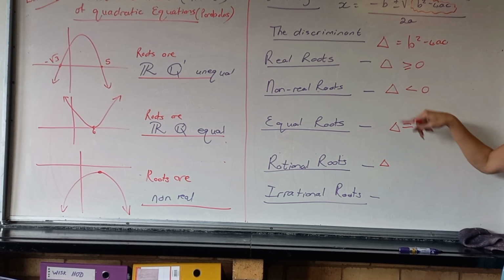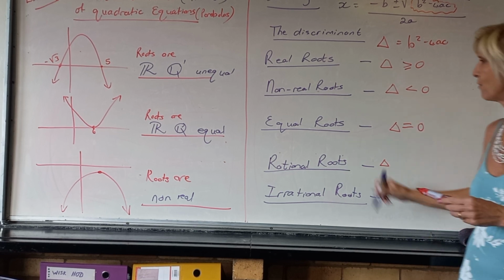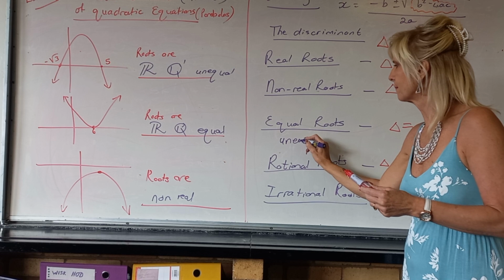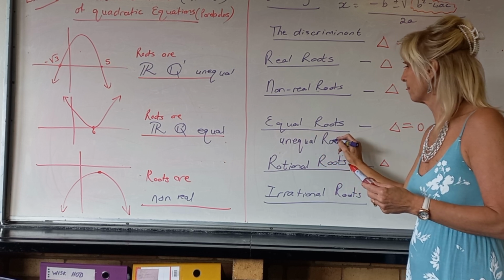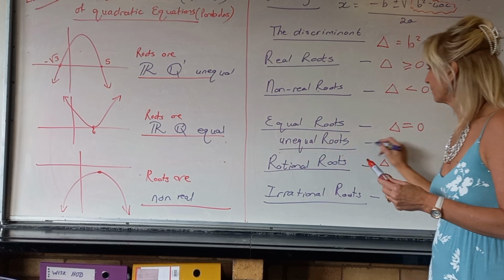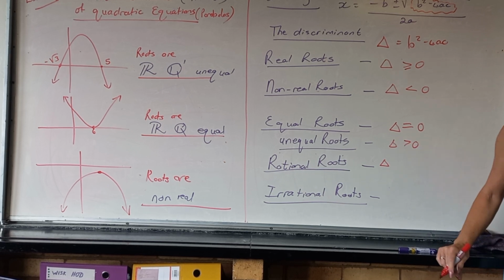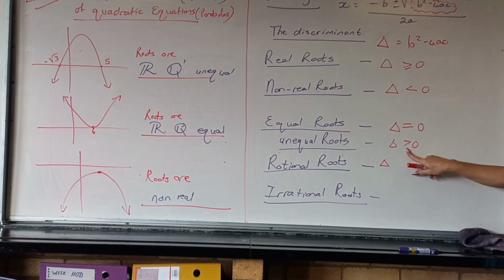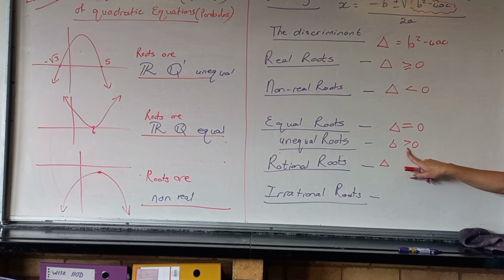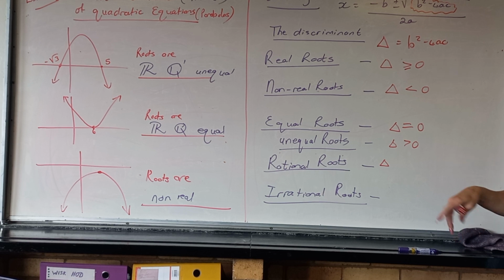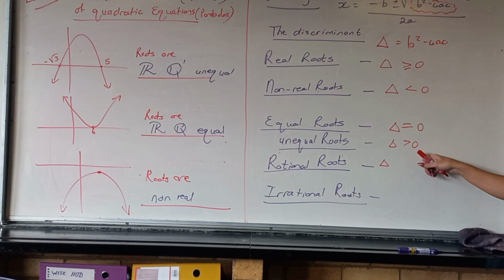For unequal roots, I didn't write it here. It would mean that the discriminant is not equal to 0, just bigger. So it has to be real, it's not negative, and it's not equal to 0, which makes it equal roots.